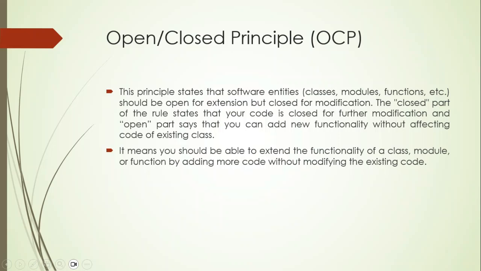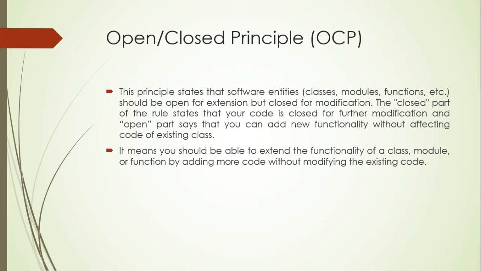Now, the next important design principle is the open closed principle, or in short, OCP. This principle states that software entities, that can be classes, modules, functions, etc., should be open for extension but closed for modification.